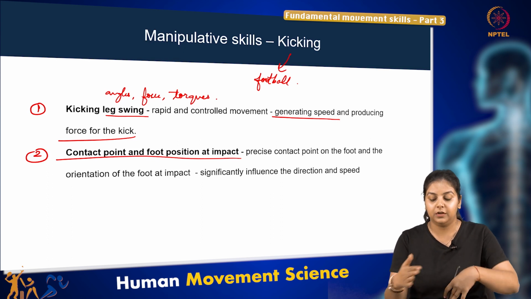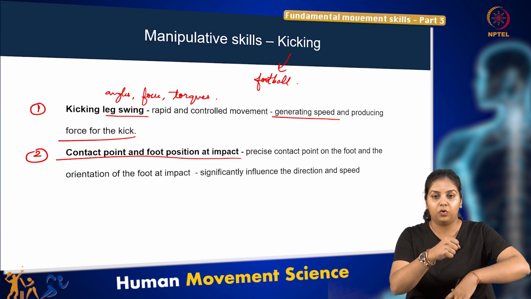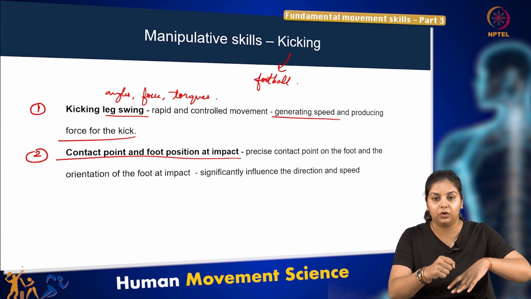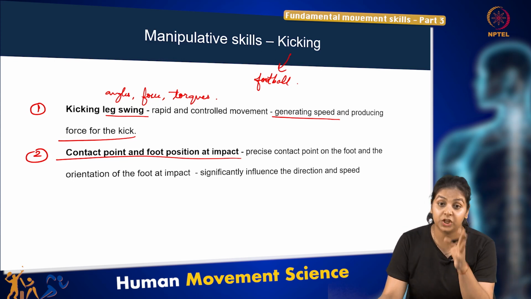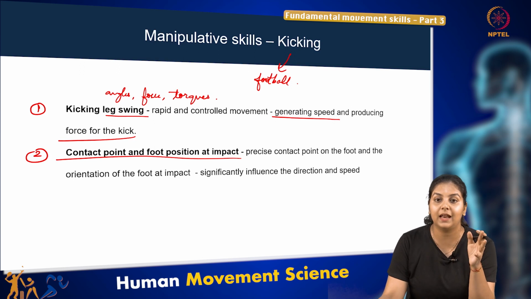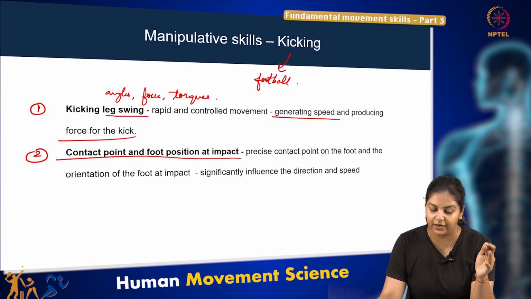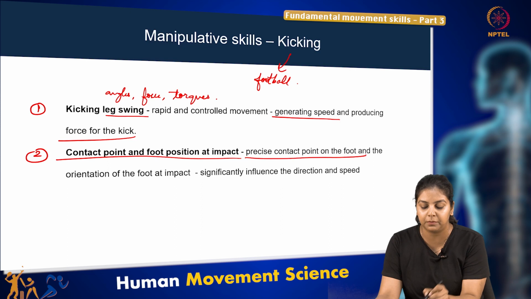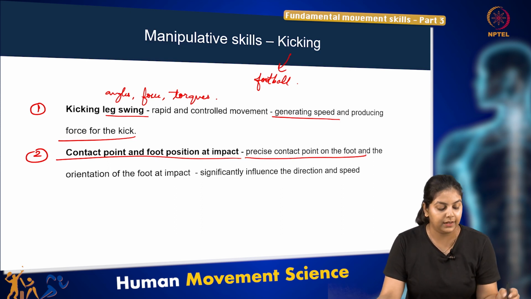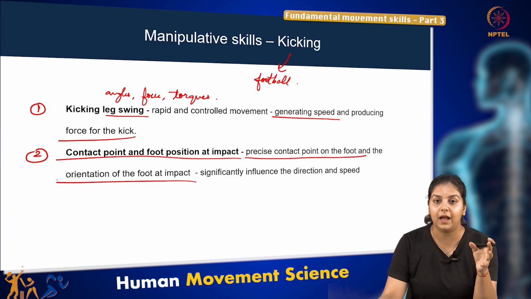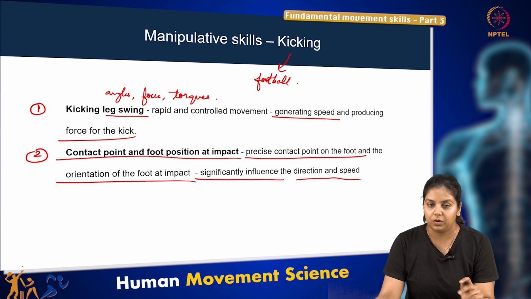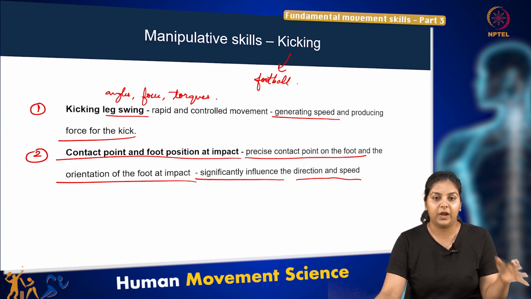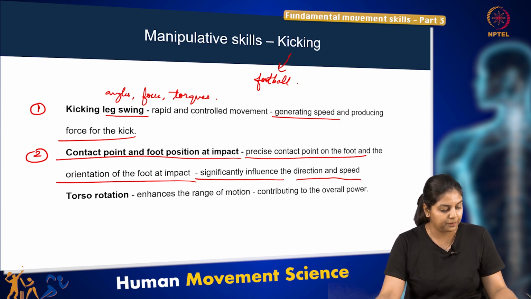So for example, if that's the ball and you're hitting it here or you're hitting it here, that is going to affect your trajectory, where your ball is going to land, with what force and what direction. So precise contact point on the foot, and the orientation of the foot at impact, is quite important, as it significantly influences the direction and the speed, as we spoke about. So it's quite important where the ball lands on the foot.